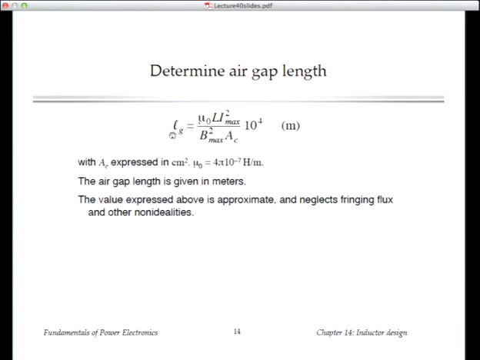Our gaps are typically microns or mils. The shims that we will use next semester in the power lab are measured in mils, which are thousandths of an inch. They're not millimeters. So you have to convert to inches. And we get shims that range typically from 1/2 mil up to several tens of mils. And a long gap is maybe 30 to 50 mils.